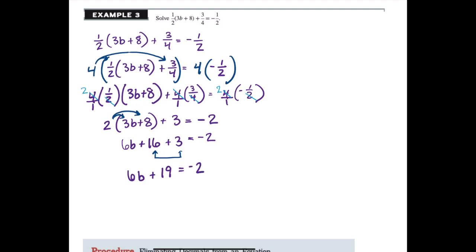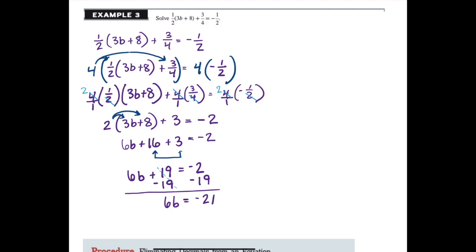Now let's move the 19 over to the other side. So I'll subtract 19 from both sides. So 19s will cancel. I've got 6b left over, and then negative 2 minus 19 is negative 21.